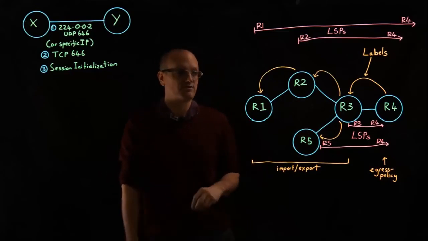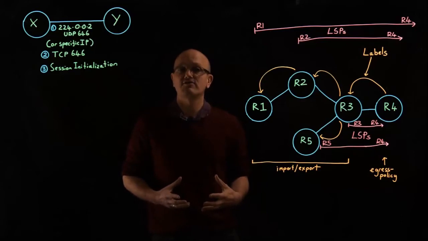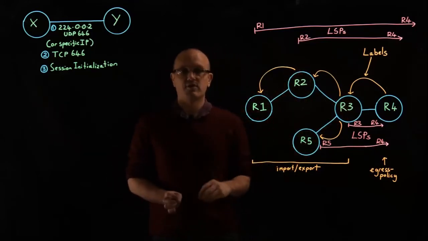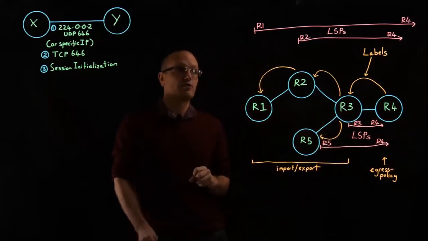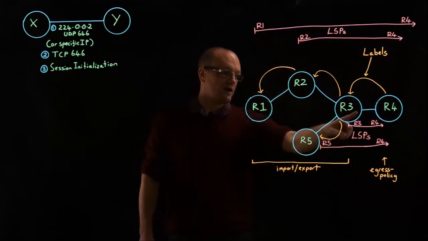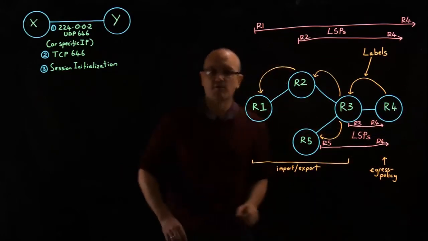And through this process, what we end up doing is creating a full mesh of LSPs from every router in the network to the initial advertising router. In this case, that's R4. So we've got LSPs running from R1, R2, R3 and R5 all the way through to R4.